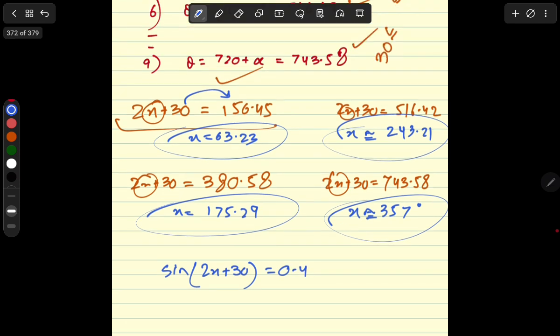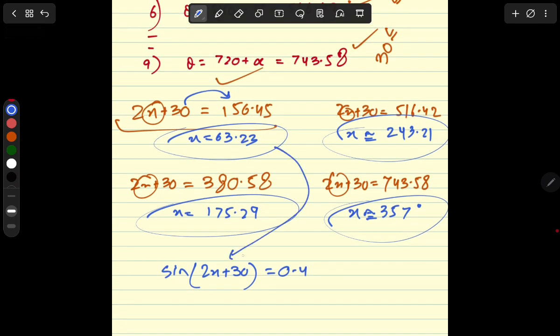Now you can feed all these values in here, and you will see that the answer you're going to get is approximately 0.5, because these are not the exact values. We are taking a certain degree of precision. So these are exactly the same questions, nothing new. You just had to find the principal value and then find the second, third and fourth angles depending on the domain that you're given.